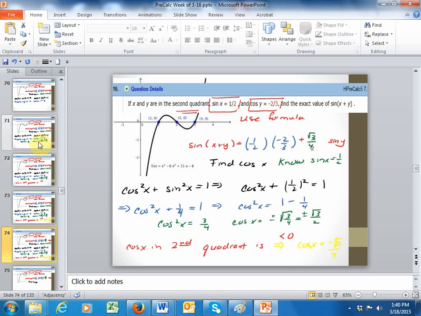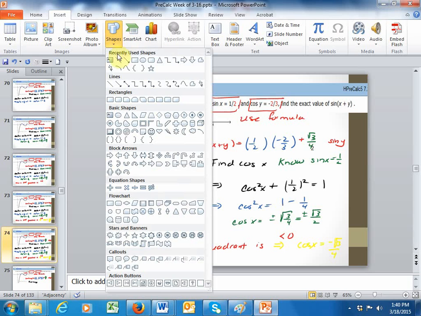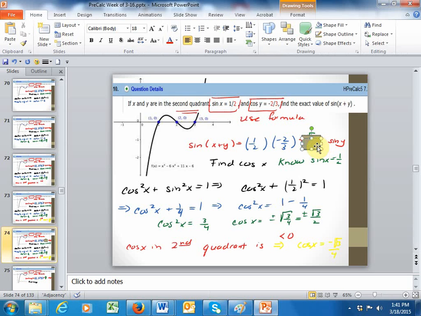No, it should be minus. Let me see if I can do this. No, it won't let me.